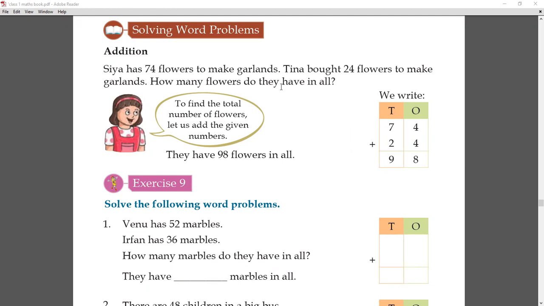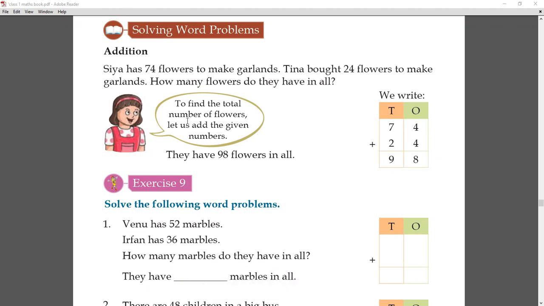How many flowers do they have all in all? In all means plus. So how do we write? Like this, tens and ones, 74 and 24. Both fours we write in the ones place, and in the tens place 7 and 2. Then we add this. 4 plus 4 is equal to 8 and 7 plus 2 is equal to 9.